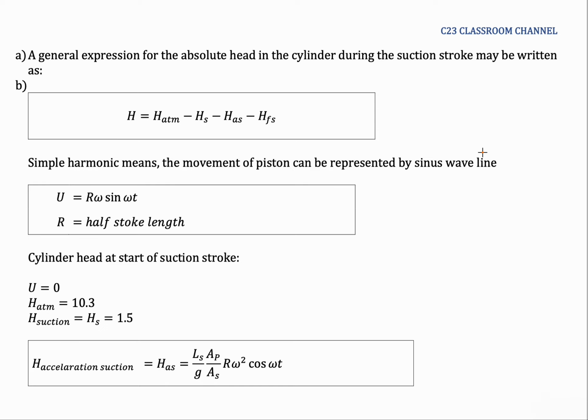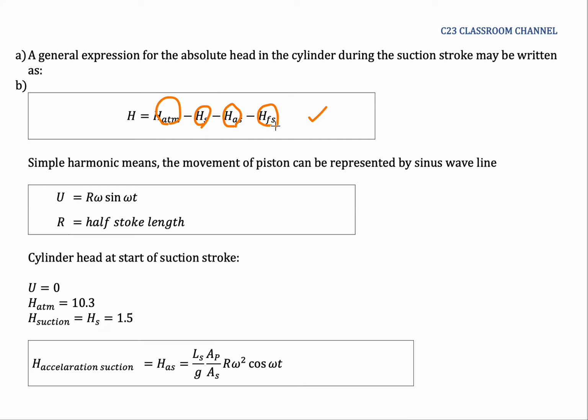A general expression for the absolute head in the cylinder during the suction stroke may be written as below. So we have atmospheric pressure minus the suction head, minus the acceleration head, and because we already know how to calculate the friction, we need to minus the friction head in the suction.